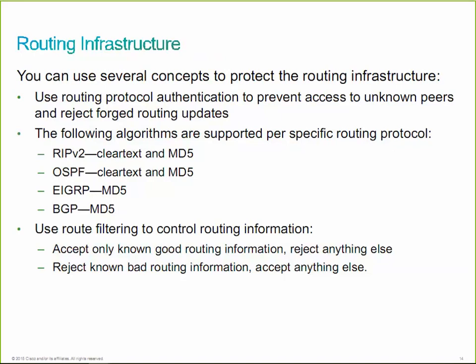A routing protocol needs to be protected so that we don't see unknown peers or spoofed routers or rogue routers being injected into the network, causing fake routing updates through the routing protocol. Meaning that we only want to trust routers based on security principles as part of our routing domain. Okay?